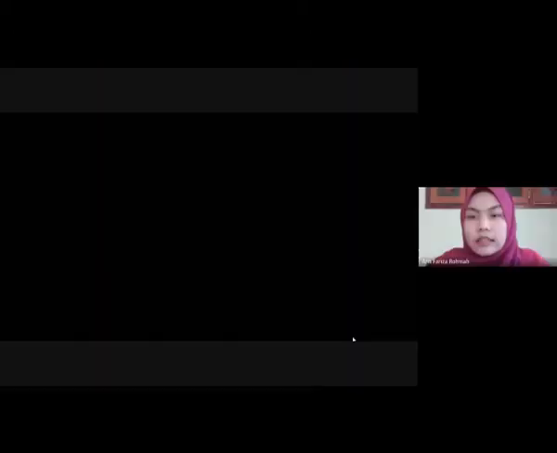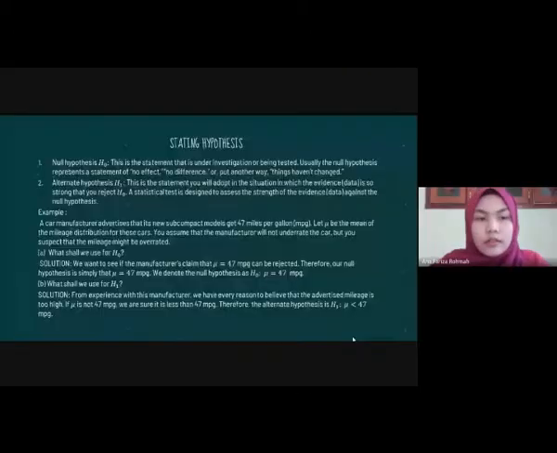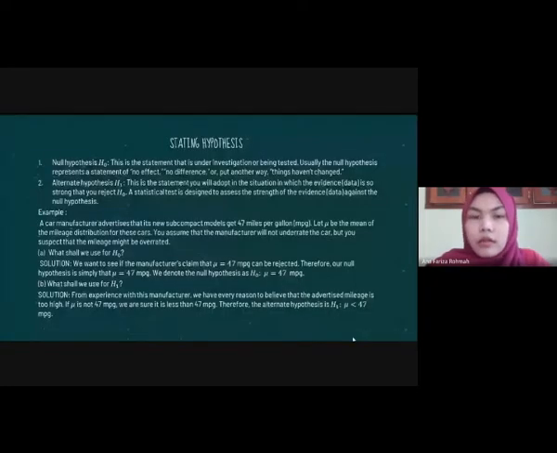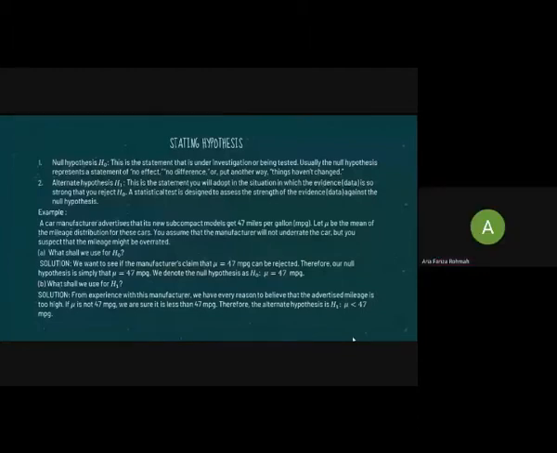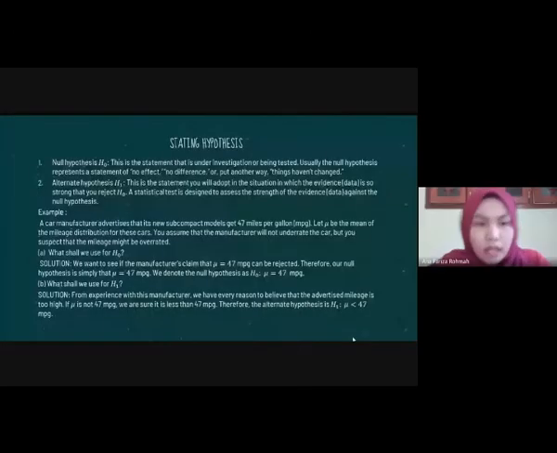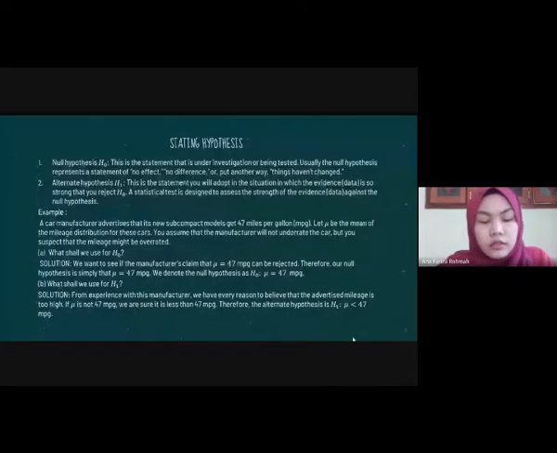For example, a car manufacturer advertises that its new subcompact model gets 47 miles per gallon, and let mu be the mean of the mileage distribution for these cars. You assume that the manufacturer will not underrate the car, but you suspect that the mileage might be overrated. Okay, what shall we use for the null hypothesis?